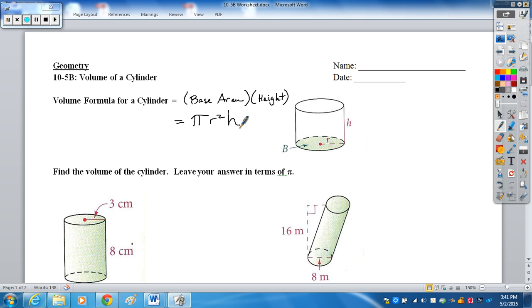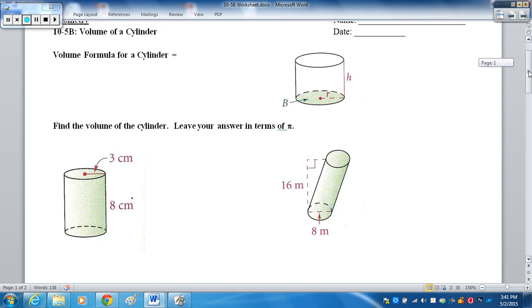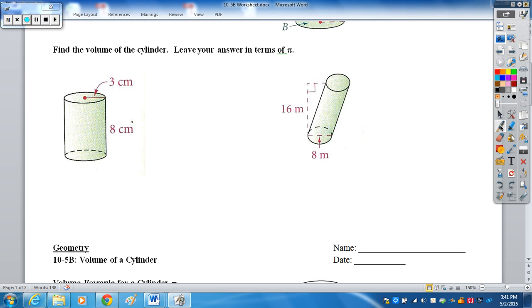And so when you look down here at the first problem, okay, it does say leave in terms of pi, and so volume equals pi radius squared height.